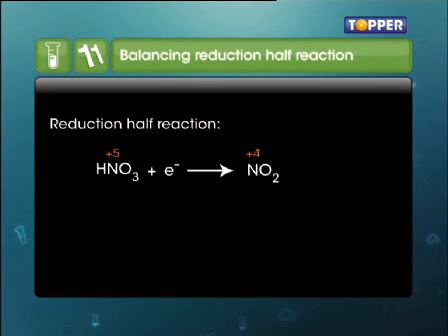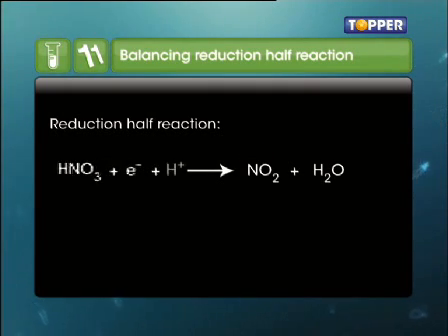Then we balance the oxygen atoms by adding 1 water molecule to the deficient side. Since there are 3 oxygen atoms on the reactant side and only 2 oxygen atoms on the product side, we add 1 molecule of water to the product side to make the number of oxygen atoms the same on both sides, which is 3 oxygen atoms on either side.